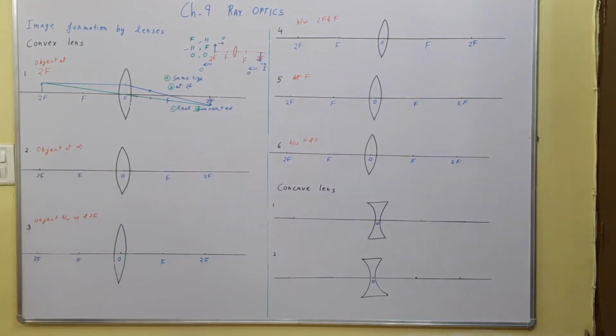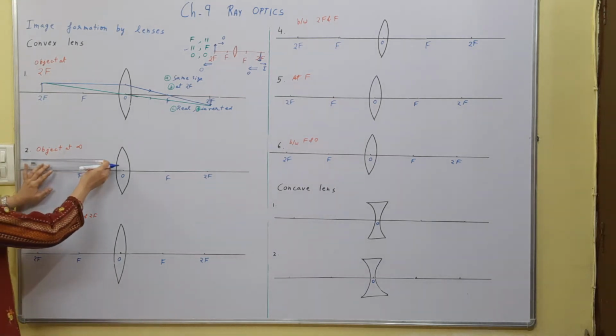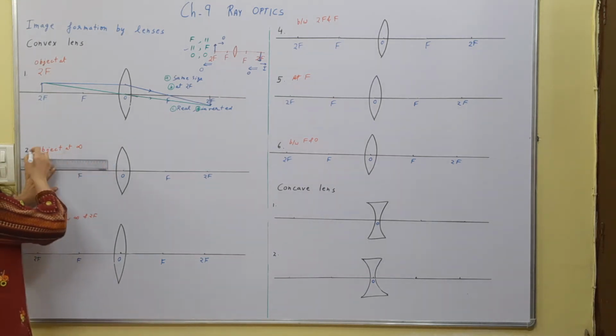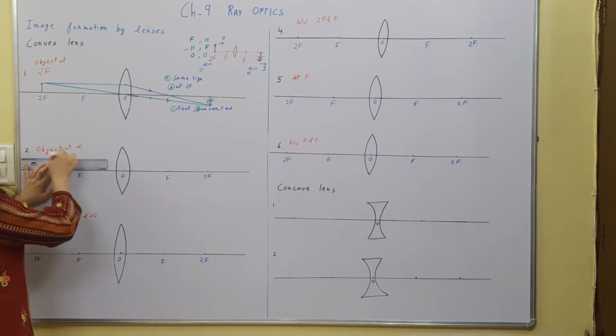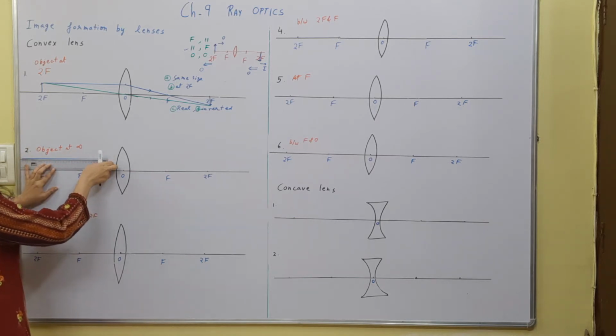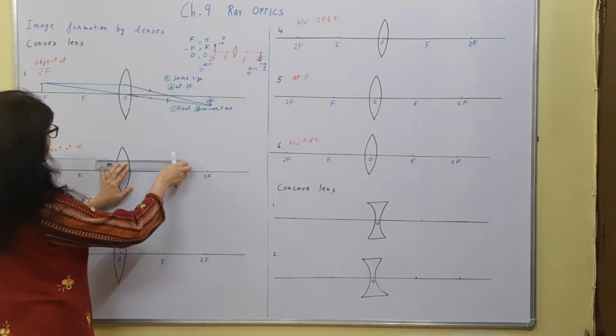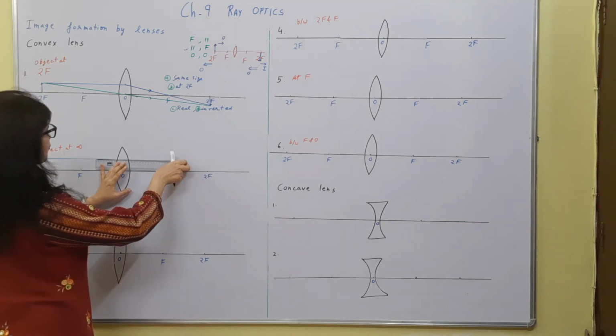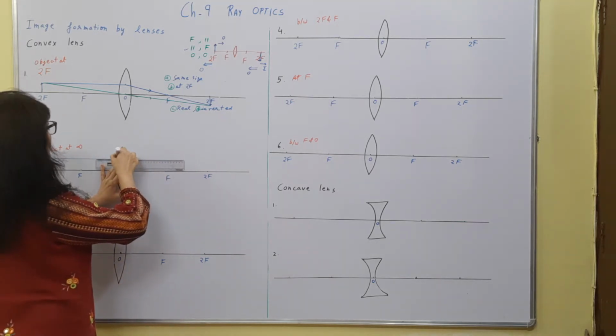Right? Now let's check the next case. When the object is at infinity, that means the rays are coming parallel to the principal axis, and the rays coming parallel to principal axis pass through focus after refraction through it.